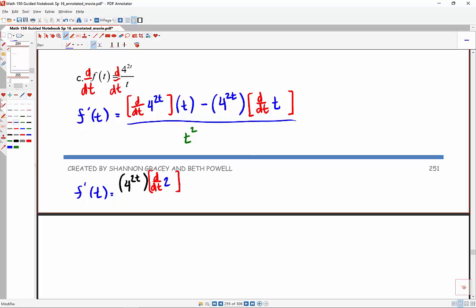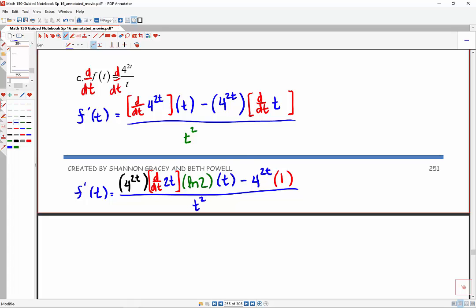So we'll be differentiating that with respect to t. And then one more thing, what am I going to have? Perfect. Times natural log of 2. And then don't forget, you're still multiplying this by t. Minus 4 raised to the 2t. And what's the derivative with respect to t of t? Good. That'll just be 1 times 1. And that's all over t squared.